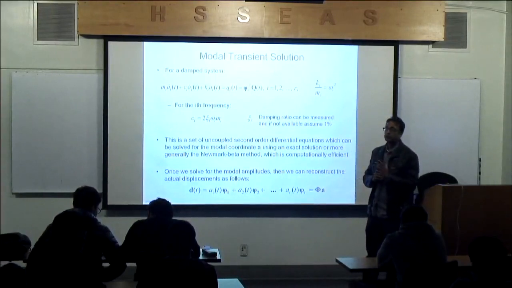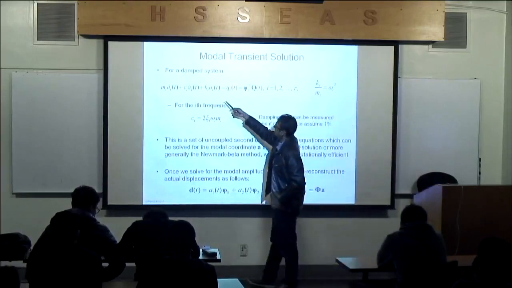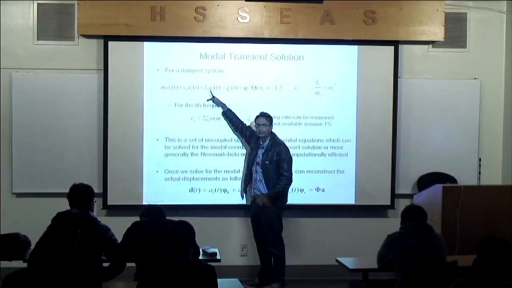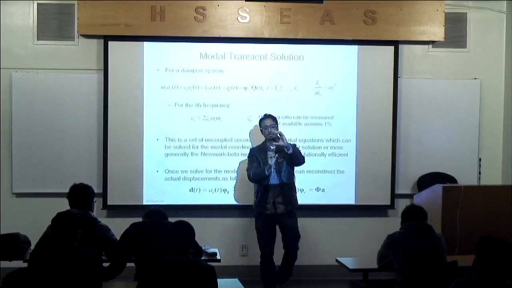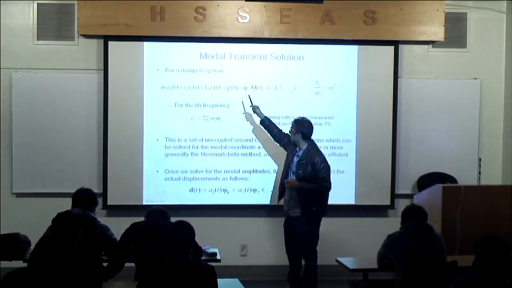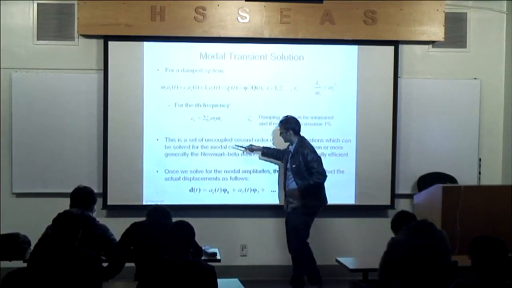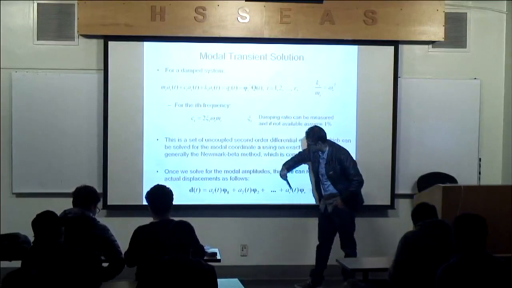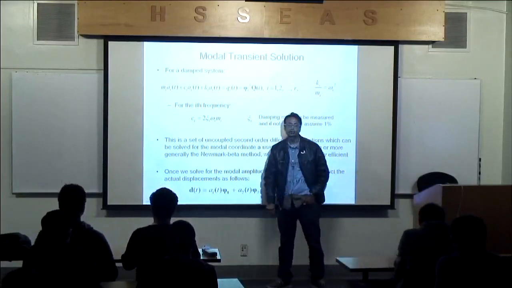I went from a million equations that have to be inverted, fully coupled, to 10 of them for the spacecraft example, 3 for the beam. 3 equations fully decoupled. Basically a mass, a spring, a dashpot. That's what you're solving. And if I find these A's, these amplitudes for each i, then I can get the full description of the deflection as a function of time.